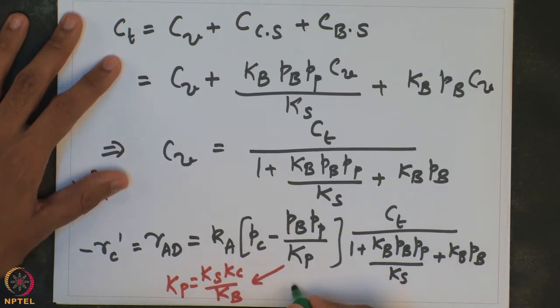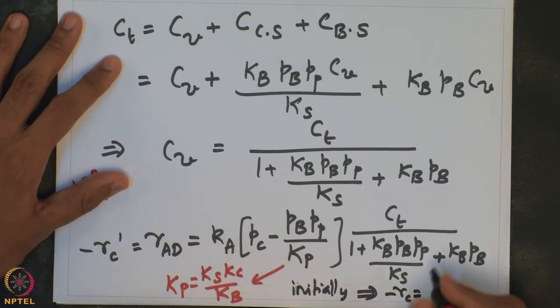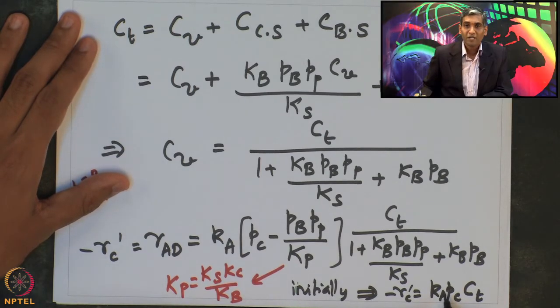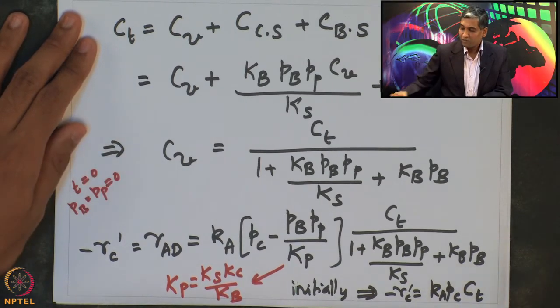So initially minus Rc is essentially given by Ka Pc into Ct. So the initial rate is a linear function of the partial pressure of cumene, and so we can now sketch this behavior.